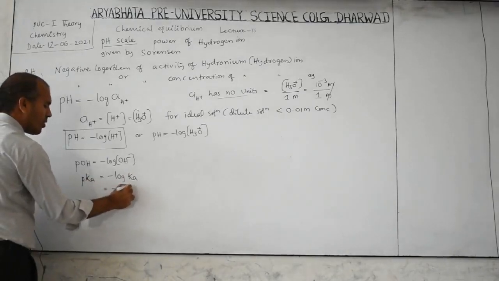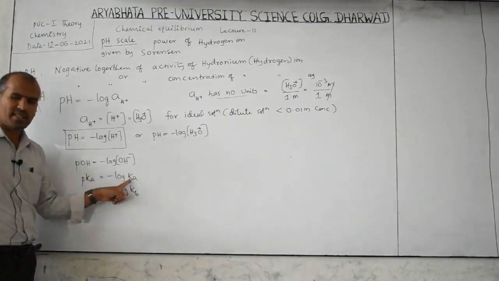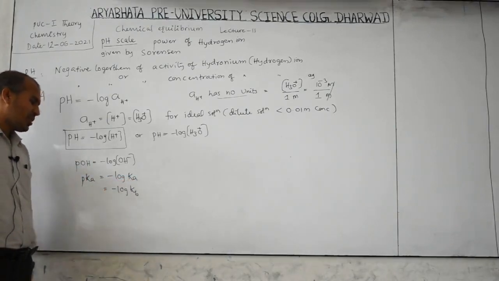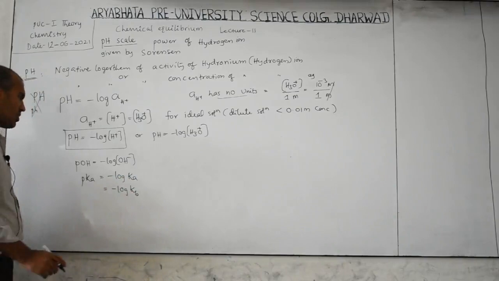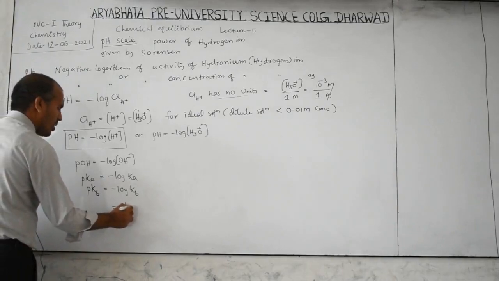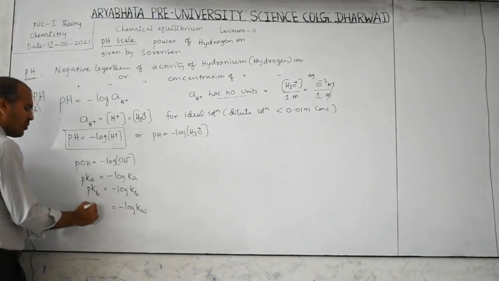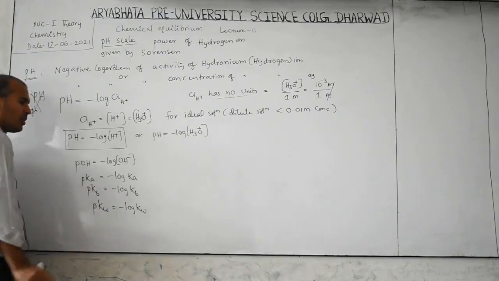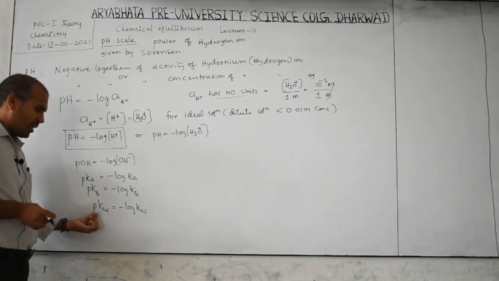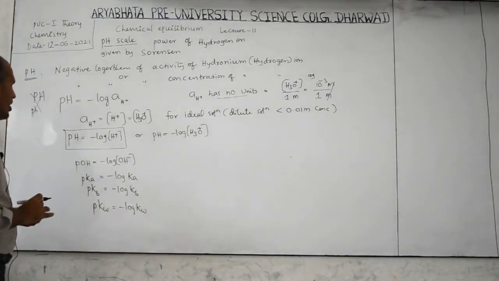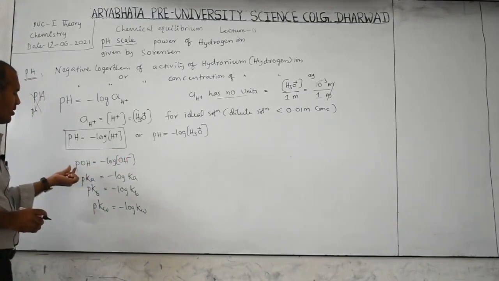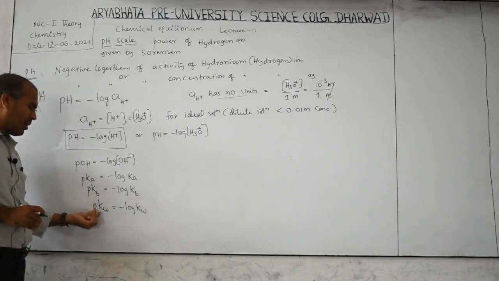Ka is the acid dissociation constant, which we'll discuss next. Kb is the base dissociation constant, so we write pKb. If the negative logarithm of Kw is there, we write pKw. So pKw is equal to the negative logarithm of Kw. Like this, whatever term is there, that term comes here: pOH, pKa, pKb, pKw.